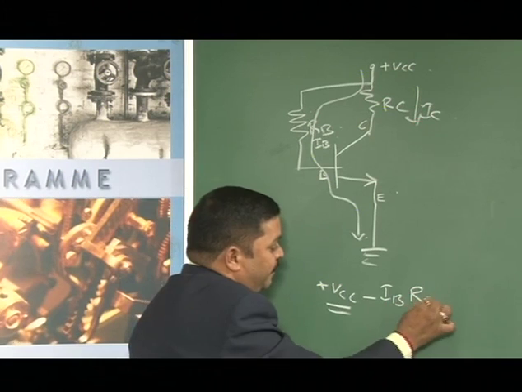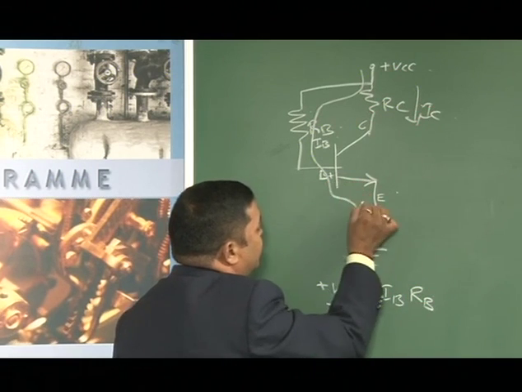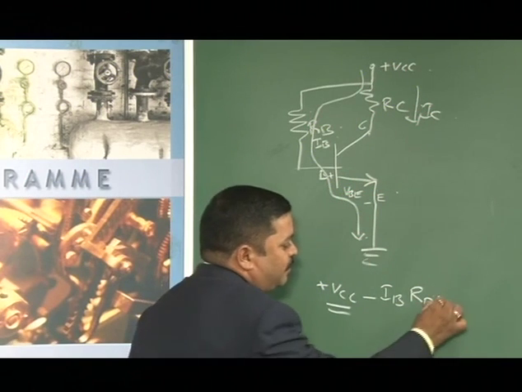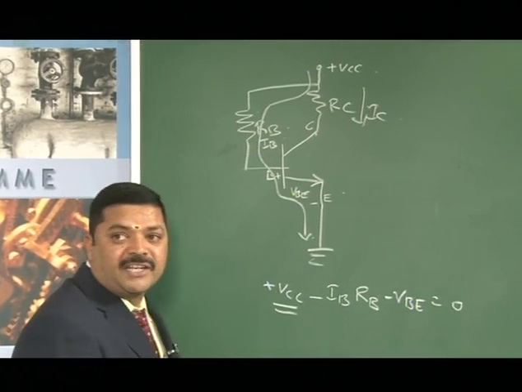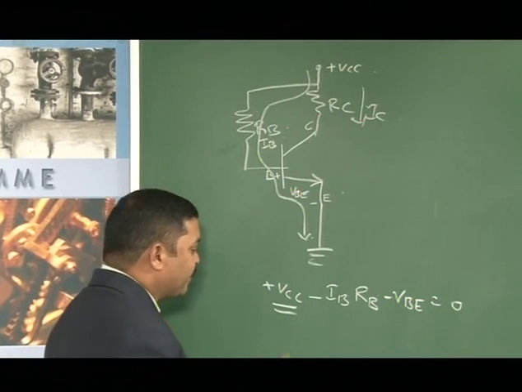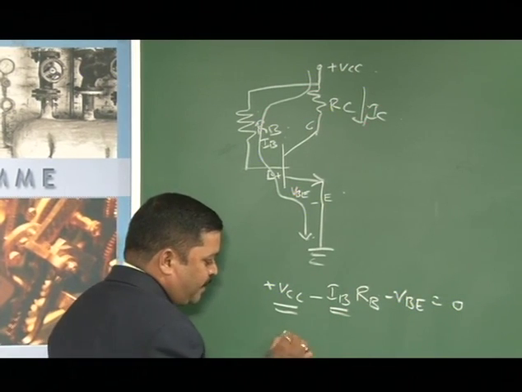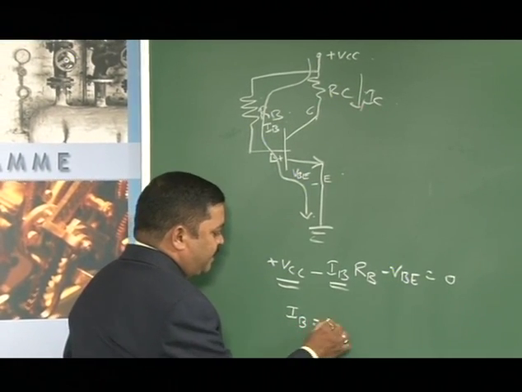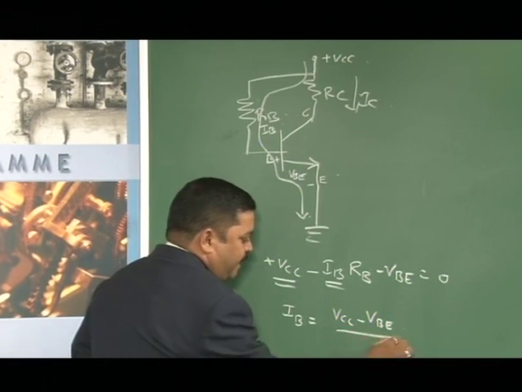Here between base and emitter there is the cut-in voltage, which is VBE. So, minus VBE equal to 0. Therefore, we want to find IB. So, IB is equal to VCC minus VBE divided by RB.